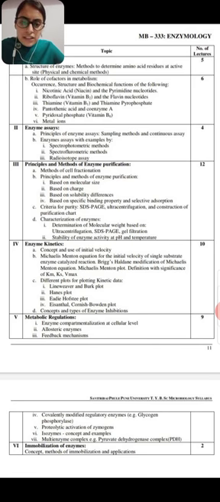C point is criteria for the purity: SDS-PAGE, that is sodium dodecyl sulfate polyacrylamide gel electrophoresis. In that ultracentrifugation is there, and finally we will construct the purification chart, means after purifying the enzyme, with the help of the formula we will construct the purification chart.